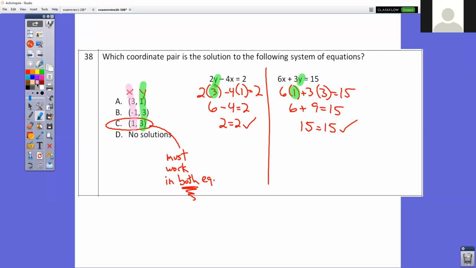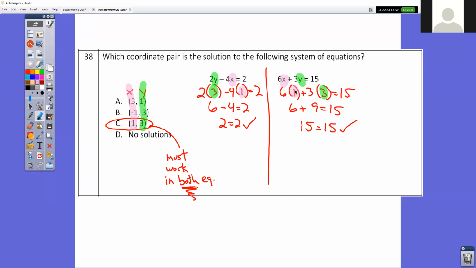We need to take our x values and sub them in for x. Oops, I messed that up. My bad. Take your y values and sub them in for y. This is your y. And take your x values and sub them in for x.